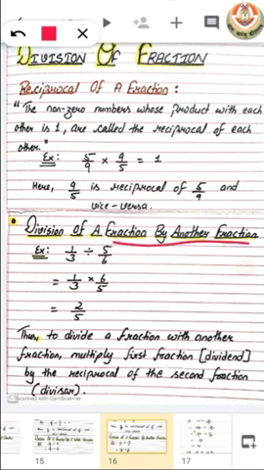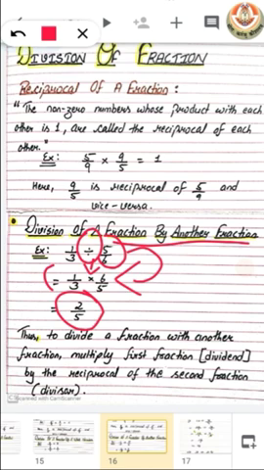Now we just have to change the division sign with multiplication, and in the same step we have to convert the divisor into its reciprocal. Now we have two fractions which are multiplying and solving them is very simple.